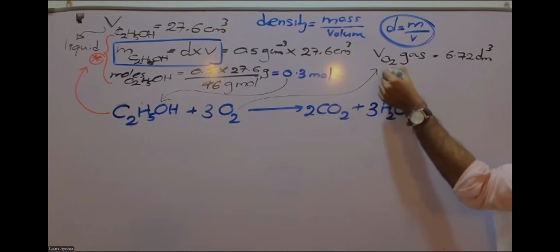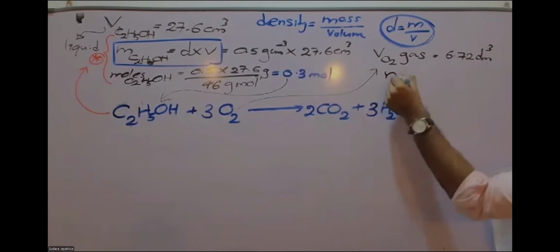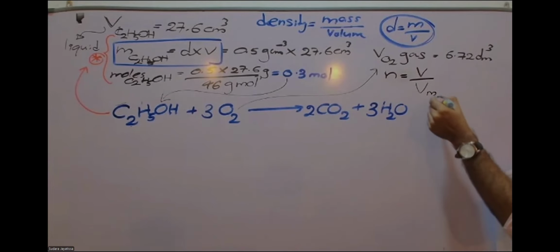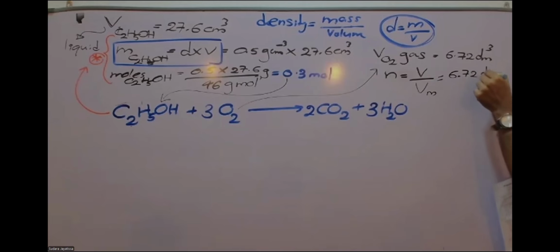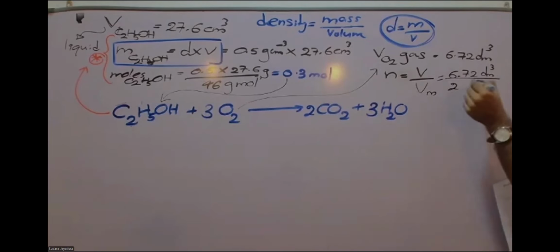Now we can use that molar volume formula. You can find the number of moles of gases by dividing the volume by its molar volume. So you divide 6.72 decimeter cube by the molar volume at standard temperature and pressure, which is 22.4 decimeter cube per mole.